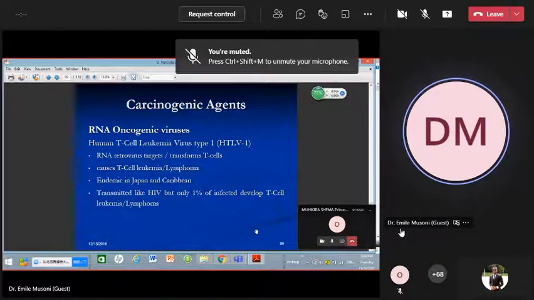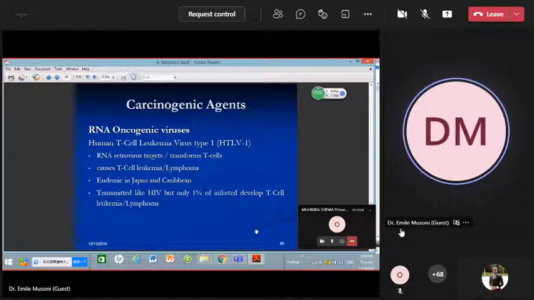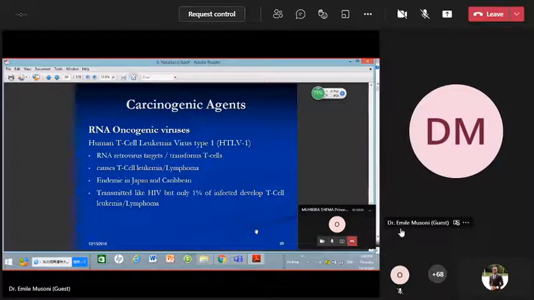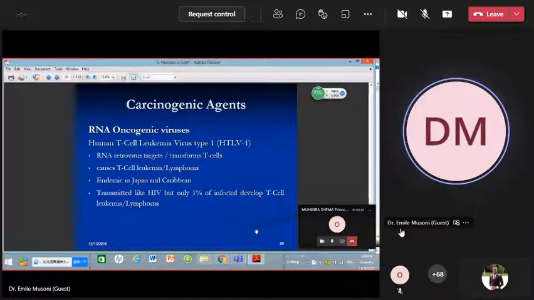There are some RNA oncogenic viruses, like human T-cell leukemia, caused by an RNA retrovirus. This one is endemic in Japan and the Caribbean.